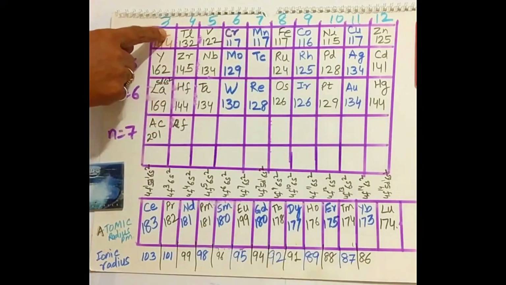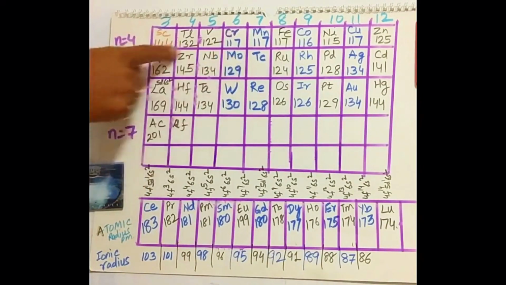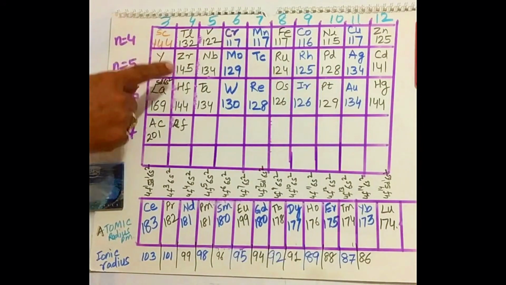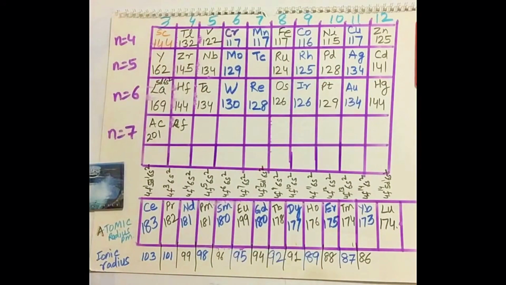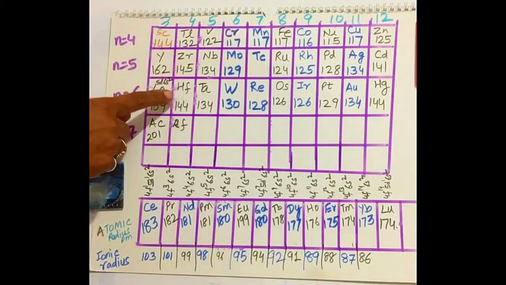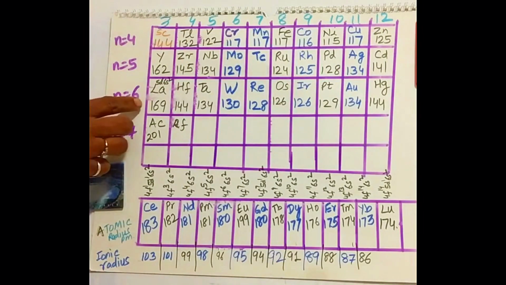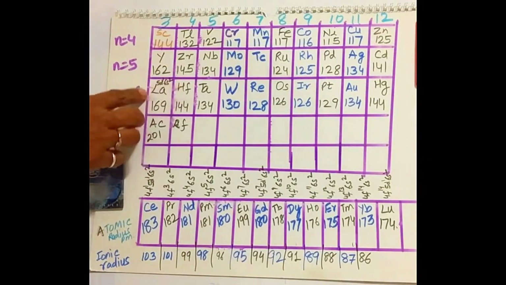So although on moving from 3D to 4D series, we notice that there is an increase in the atomic radius, we do not observe a similar behavior when we are moving from the 4D to the 5D series, right? This is something odd. What is happening over here is, we have got to notice this lanthanum.